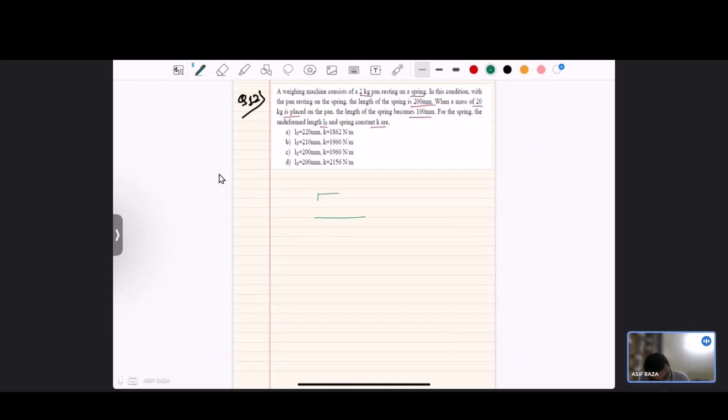Suppose this is the weighing machine of 2 kg. Now the spring is compressed and the length of the spring is 200 mm.